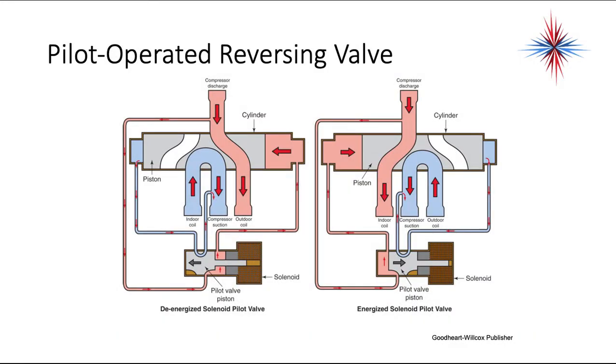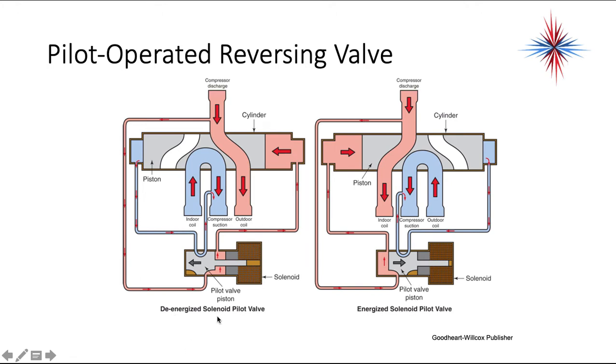So what happens here is because of the refrigerant pressures, the 24 volt operated solenoid does not have enough power to overcome the high refrigerant pressure. So what we do is we open and close a pilot valve, which sort of mirrors the reversing valve, to allow the high pressure refrigerant to flow on either side of this main piston.